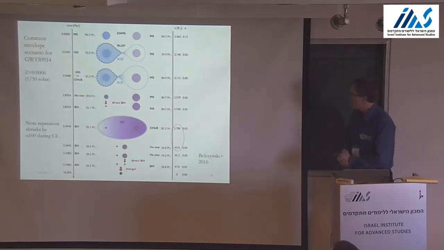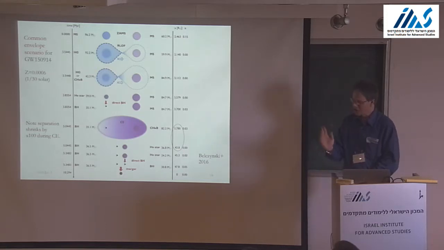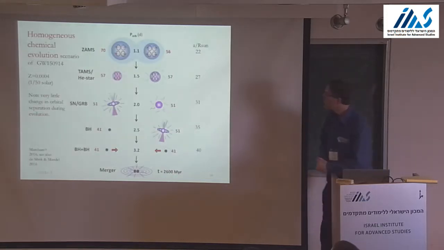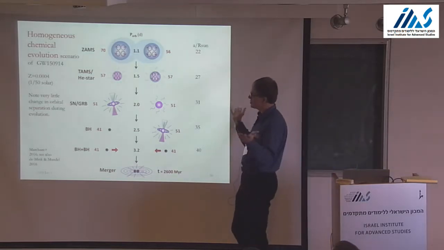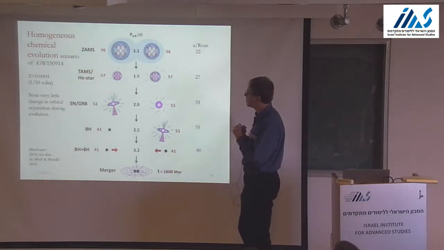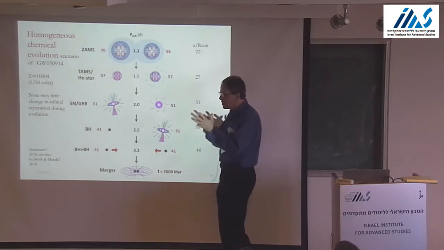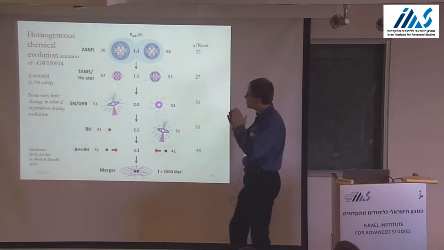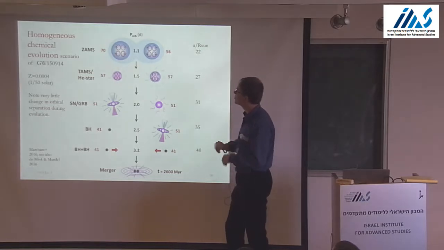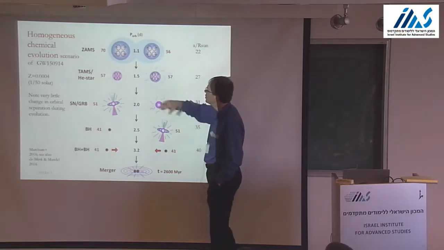So another possibility, which was raised before the LIGO events were discovered, so it's not just an after-the-fact explanation, is that the reason stars swell up is because the mean molecular weight in the core becomes different than in the envelope. And so the burning has to become shell burning, and you need an extended envelope because of the steep gradients.